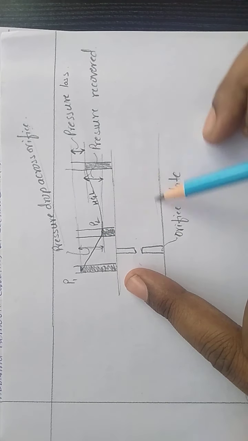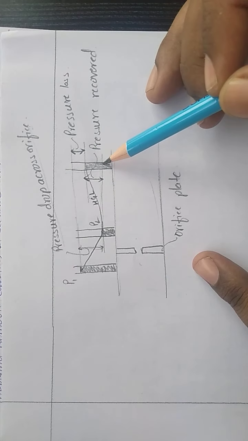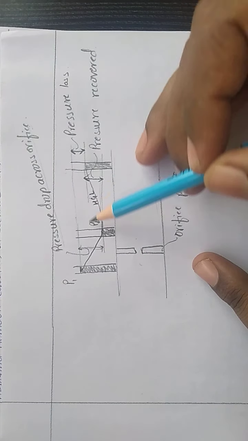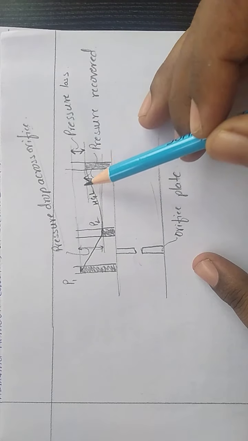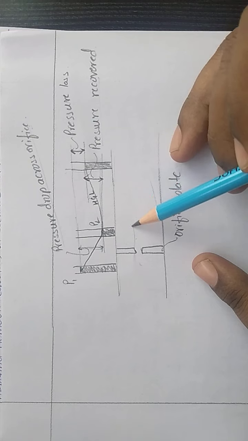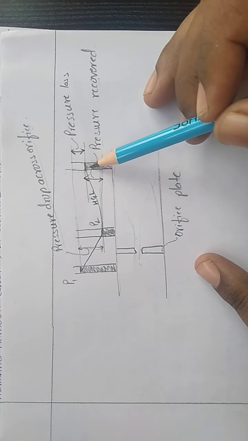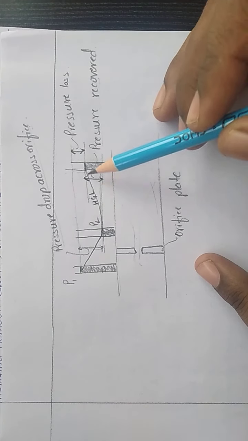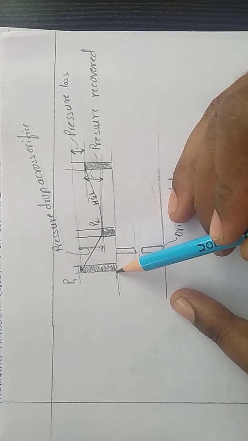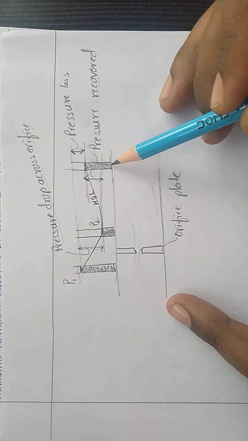Somewhere far away from this, if you measure the head, the difference is the pressure recovered. After the fluid passes, the pressure goes on increasing, and finally this is the pressure head that we get. Before entering, this was the pressure head we had, but after passing the orifice plate, this is the pressure head we are getting.